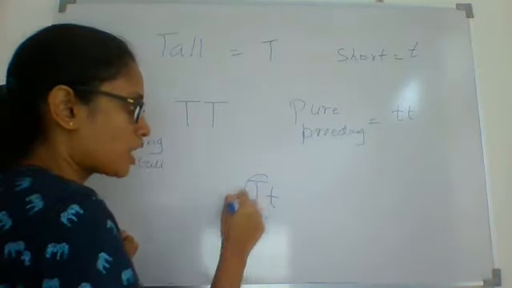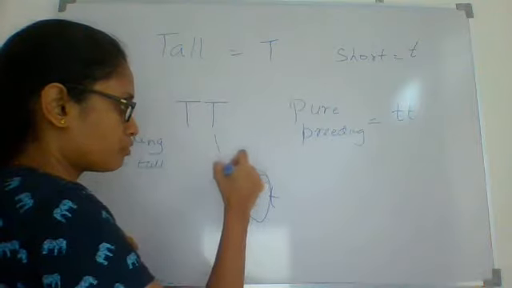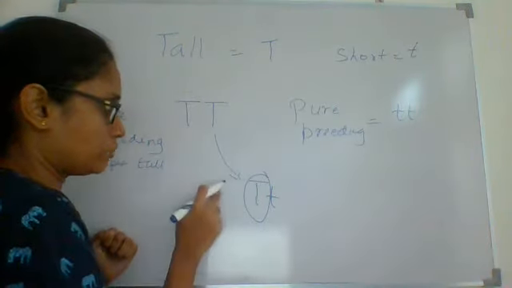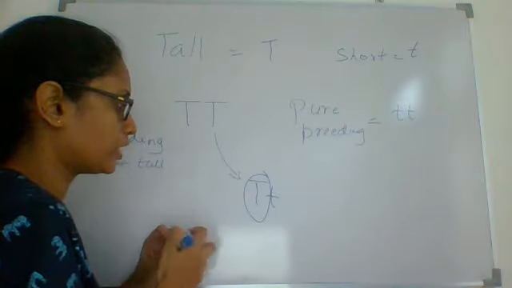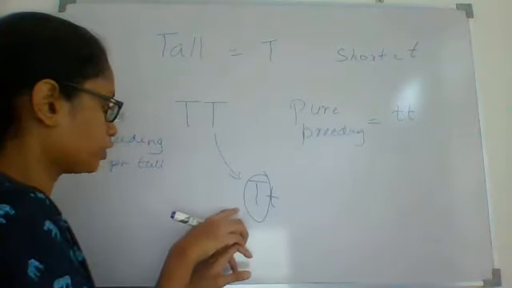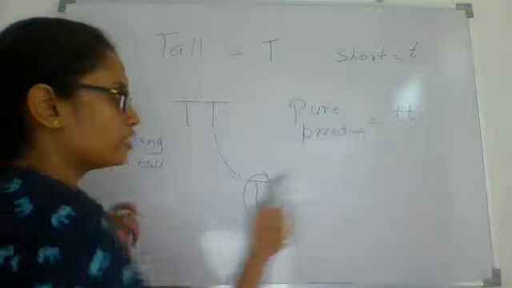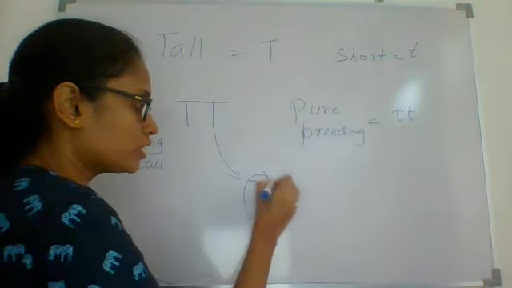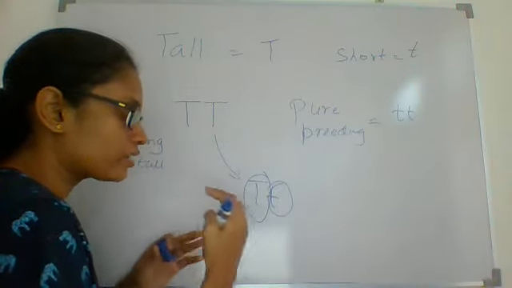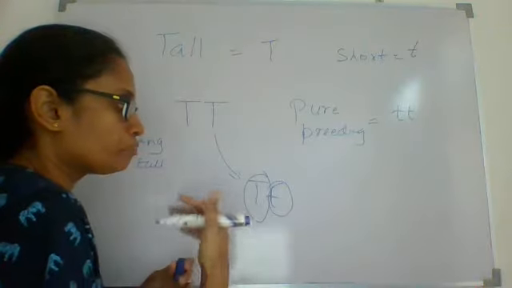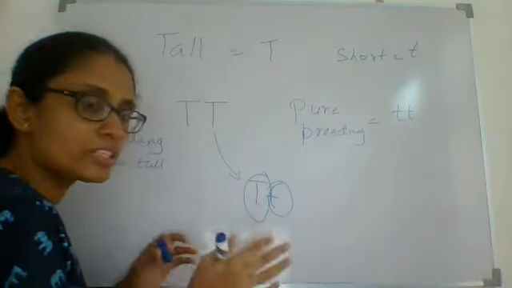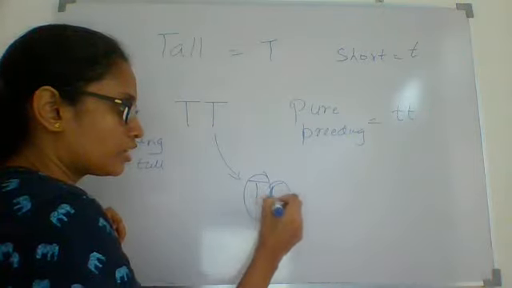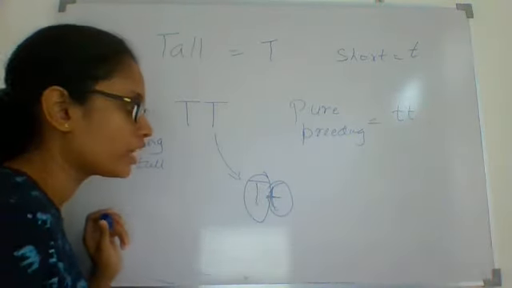One gene comes from a totally pure breeding tall plant, and the gene that is responsible for the shortness can be hidden, right?